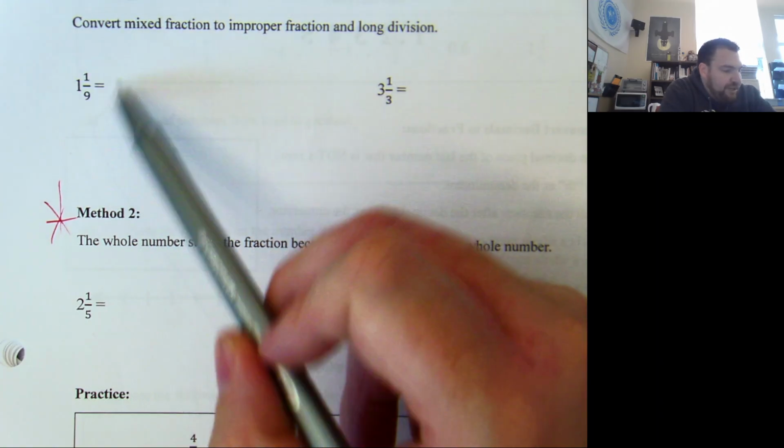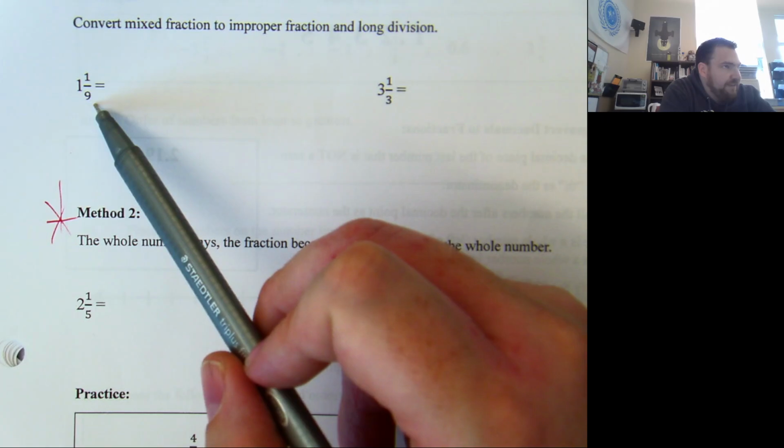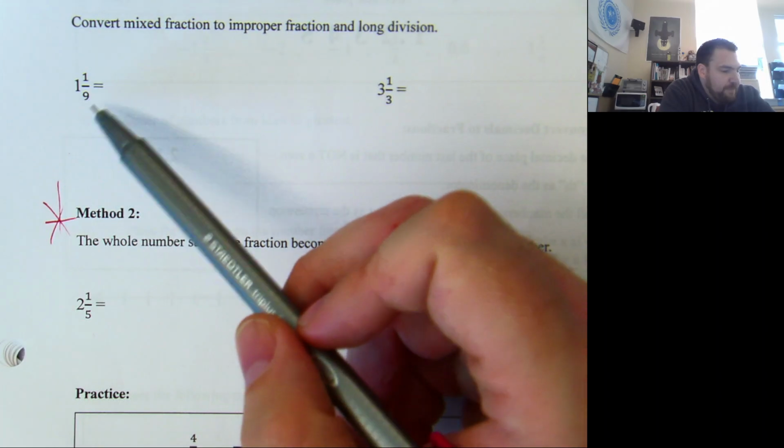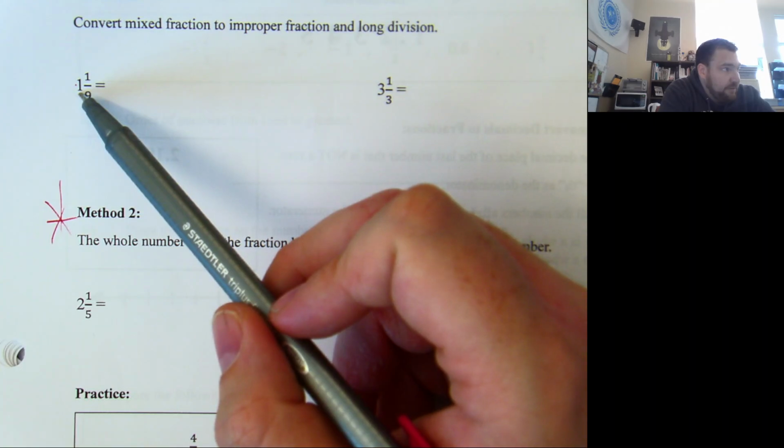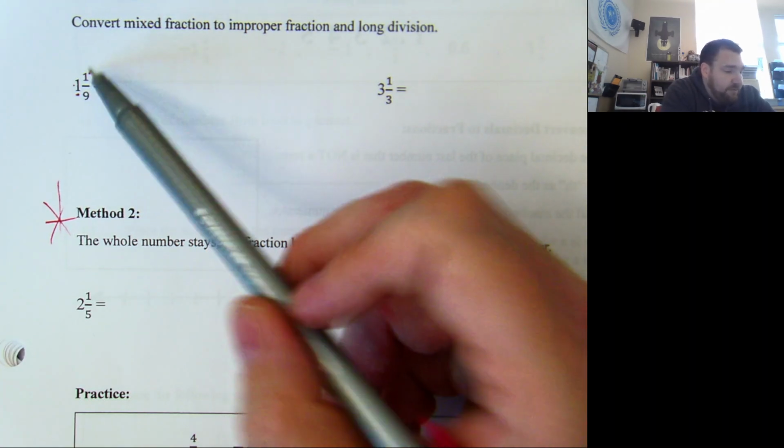To turn this number into an improper fraction, what do I have to do? This is what we reviewed yesterday. Multiply the whole number with the denominator. Yeah, so 9 times 1 is 9. And then add the 1 to the numerator. Plus 1 is 10.